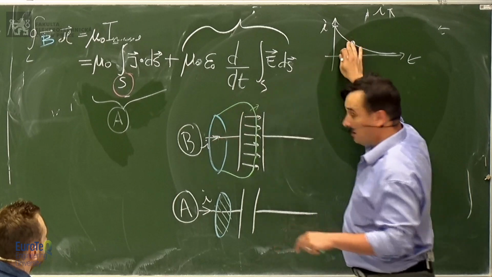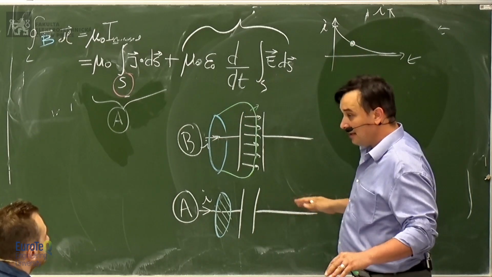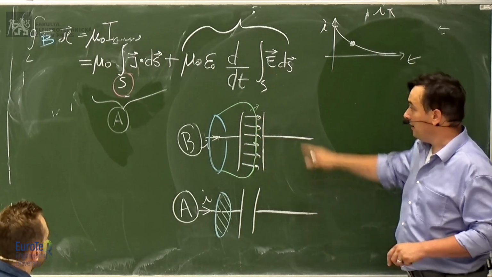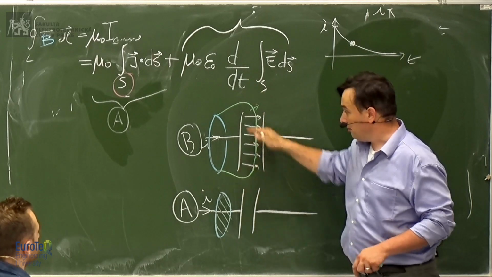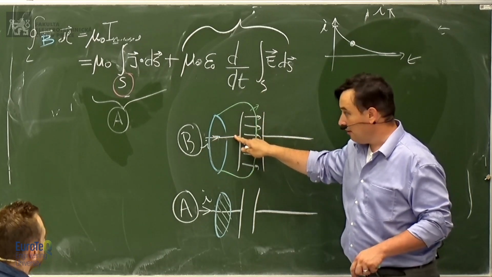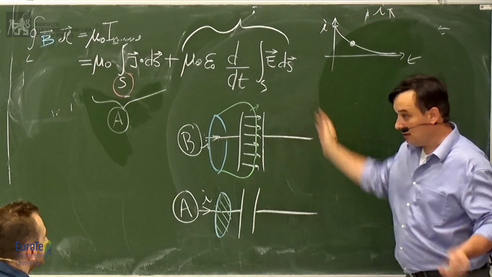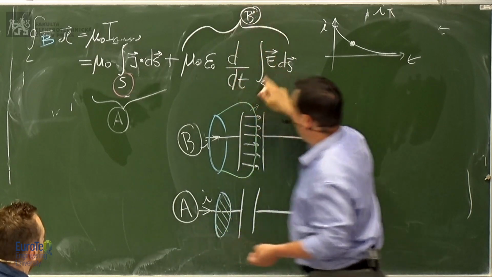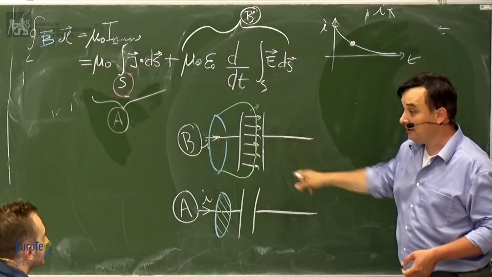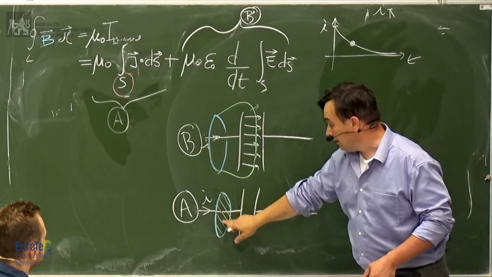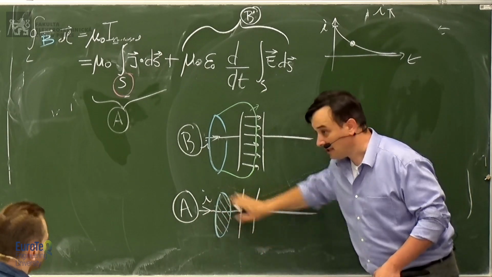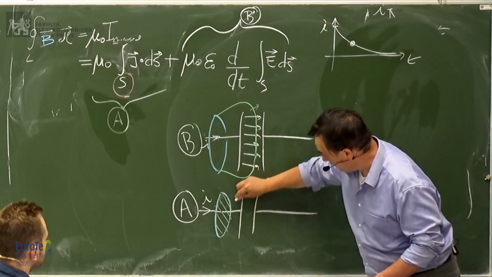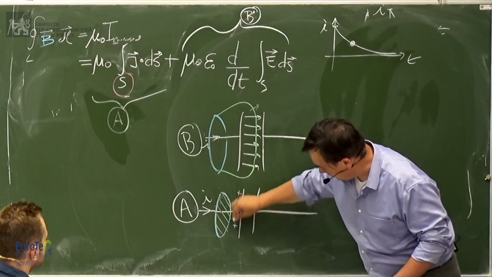If I'm still here, same condition, the current is the same, but I choose another surface, then I have current 0 here, because the current arrives here, but it doesn't cross the surface. But I have a flux of electric field that I didn't have before, because here I didn't have electric field. It doesn't go inside where there is electric field. Electric field is inside the capacitor, okay? Because here you have the charges.